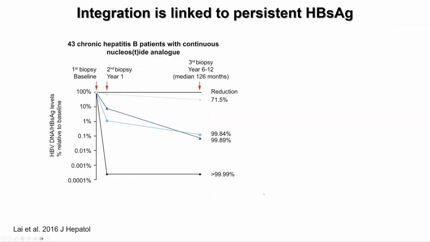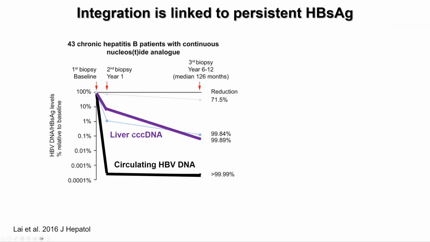And this has a direct clinical consequence. When we treat patients with nucleoside or nucleotide analogues, circulating HBV DNA decreases very fast. And then cccDNA slowly declines also, but HBs antigen barely decreases.